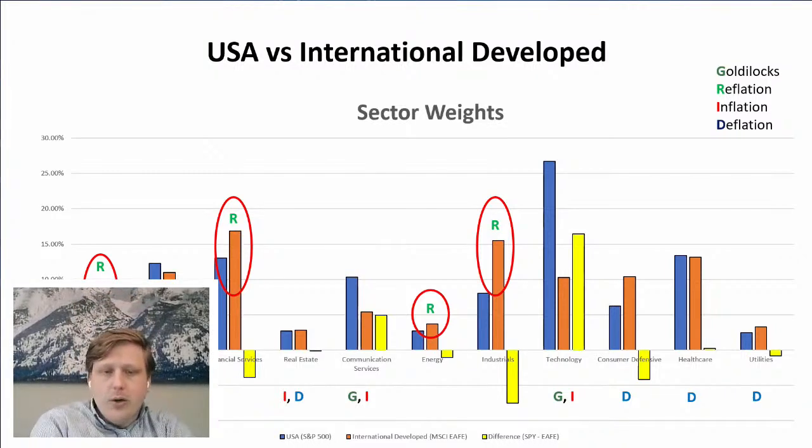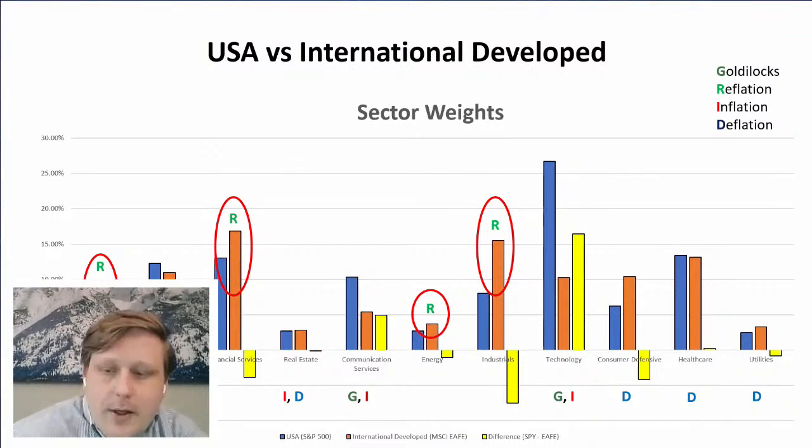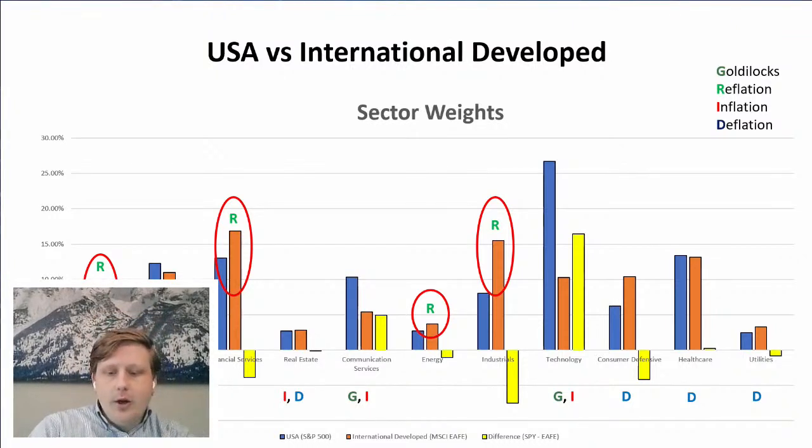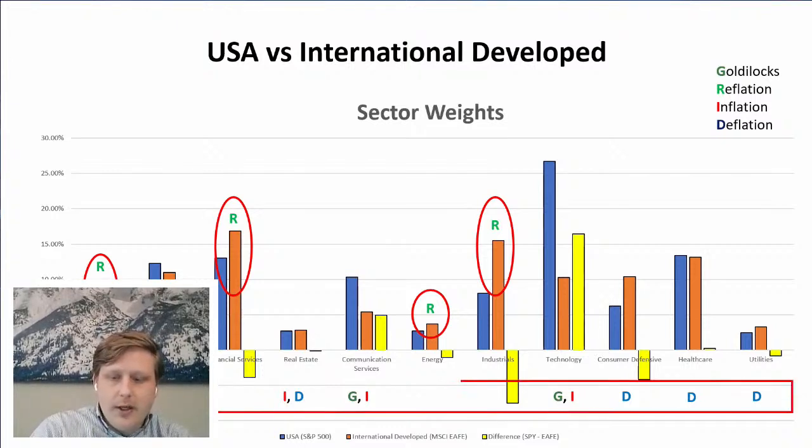And so, one way that I thought about fading some of the reflation regime that we think is a low probability outcome going forward for the next year or so, is you could underweight your international developed markets relative to some of these other markets and sectors that do a little bit better in inflation and deflation.